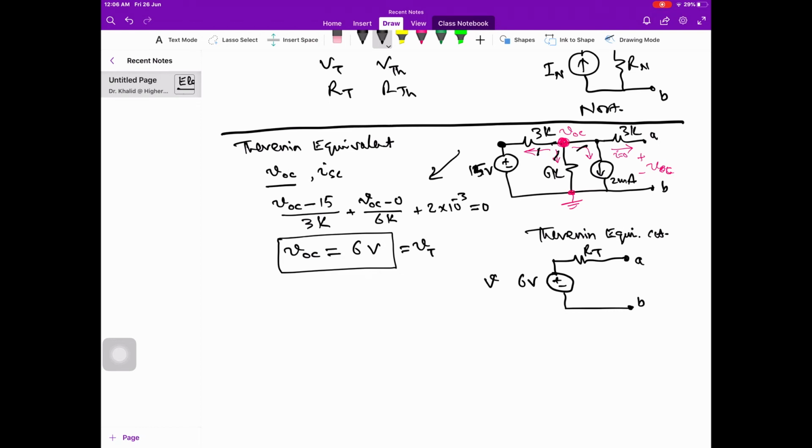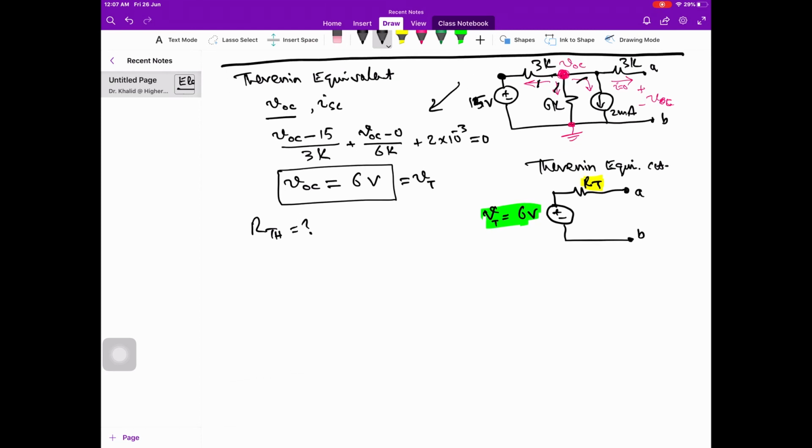This is V Thevenin. We have found V Thevenin. And now we have to find R Thevenin. In order to find R Thevenin, we can use two methods. So now, how to find R Thevenin?